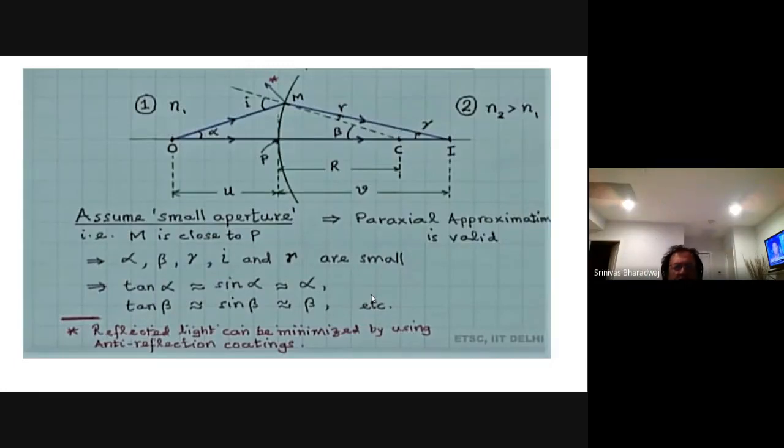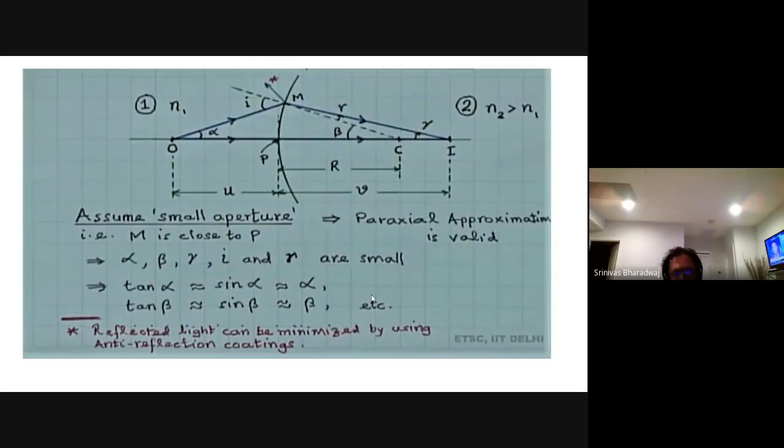Anyway, now when you have the incident angle small, we look at how things work when you have very small angles. When theta is very small, tan theta equals sine theta, and cos theta is 1.